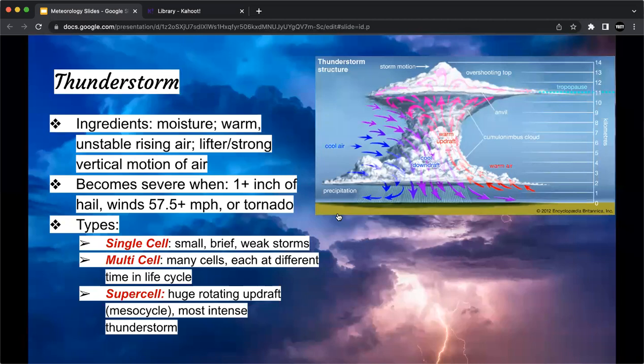Okay, let's start with thunderstorms. If you look over here at the structure, you can see this is a cumulonimbus cloud. And the ingredients for a thunderstorm are that it needs to be moist and warm.